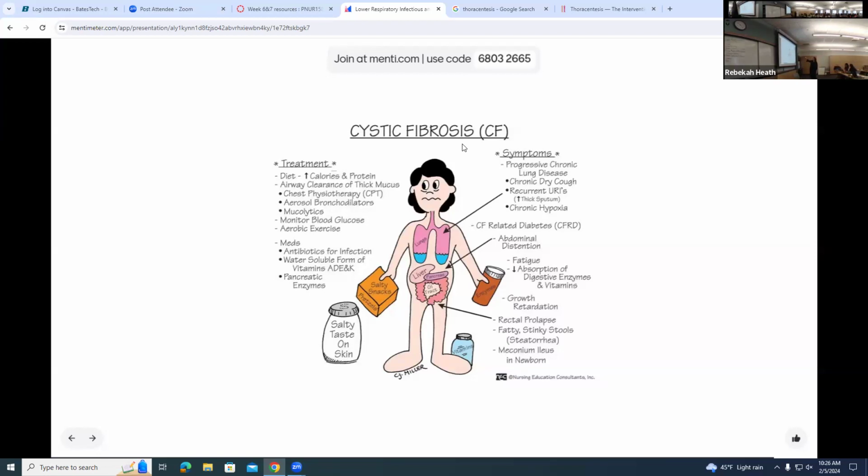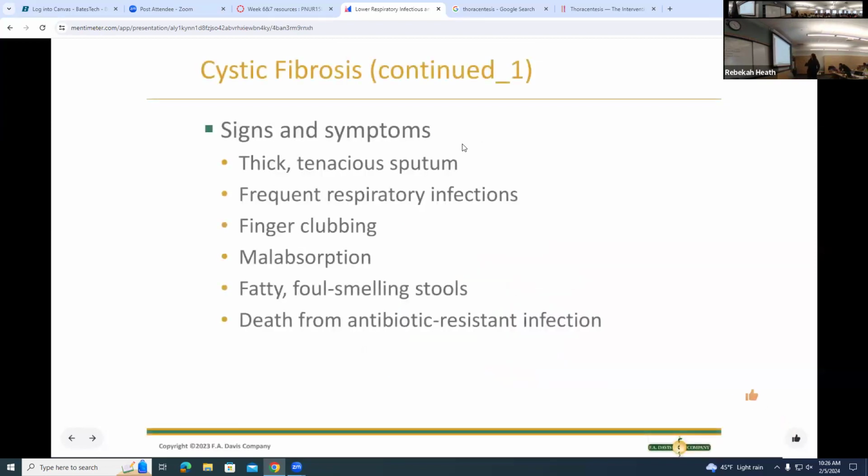They have this dry cough. They have a hard time coughing up these secretions. So a lot of what we're trying to do is get these secretions out. They probably are going to have that finger clubbing even at a young age, because this disease affects them when they're really young.